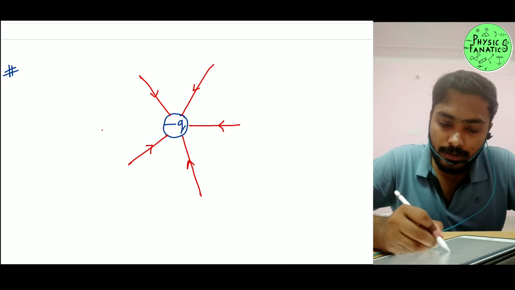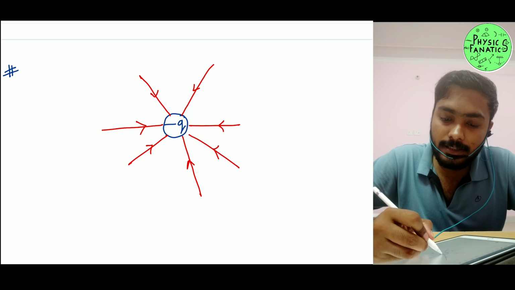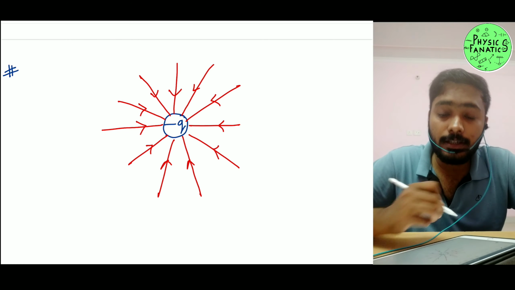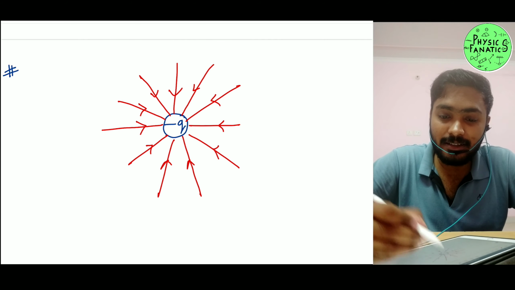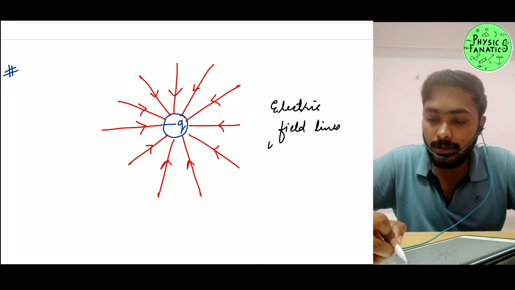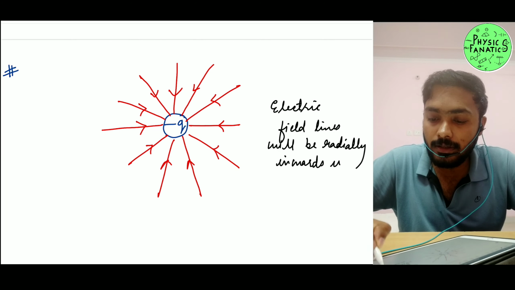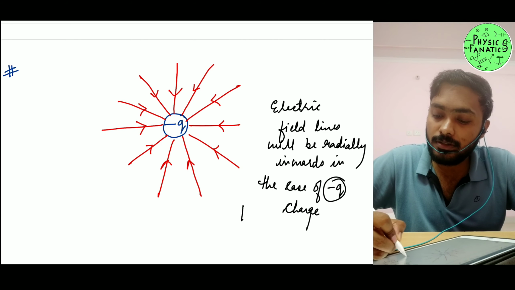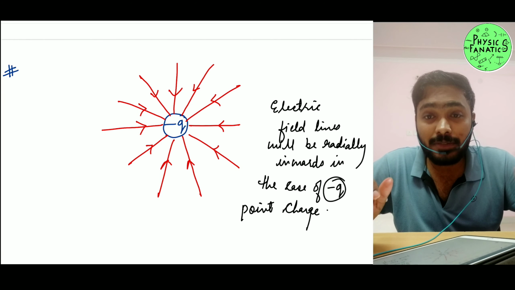So let me write it here: electric field lines will be radially inwards in the case of a minus Q point charge. I hope that is understandable.